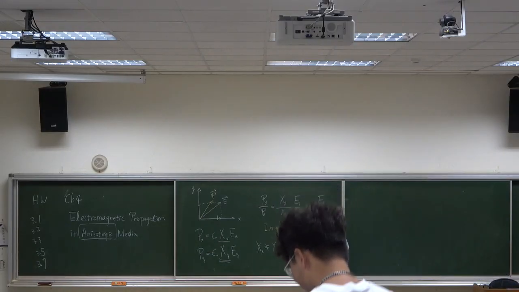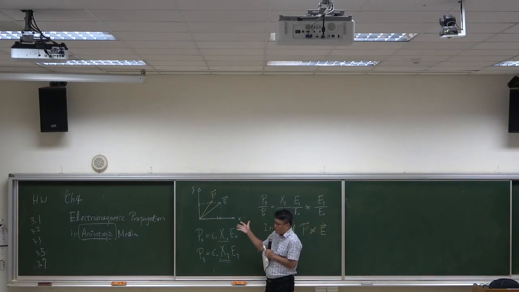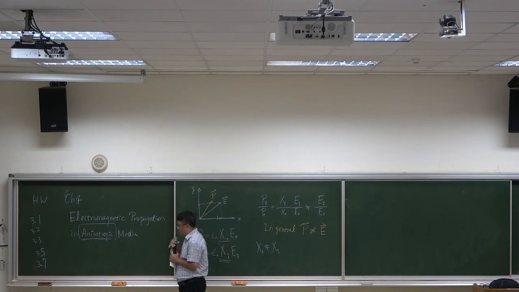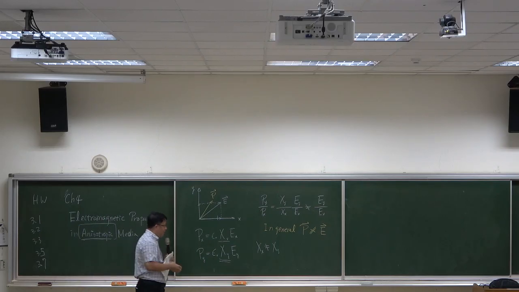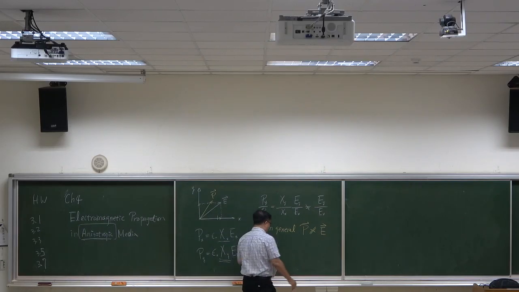For isotropic medium, we have no such problem because for isotropic medium, we have a common chi factor here. Okay, so you will always get the P vector along the same direction as the E vector. Okay.